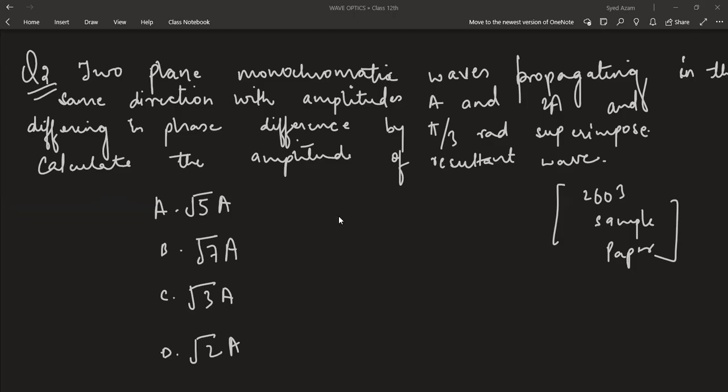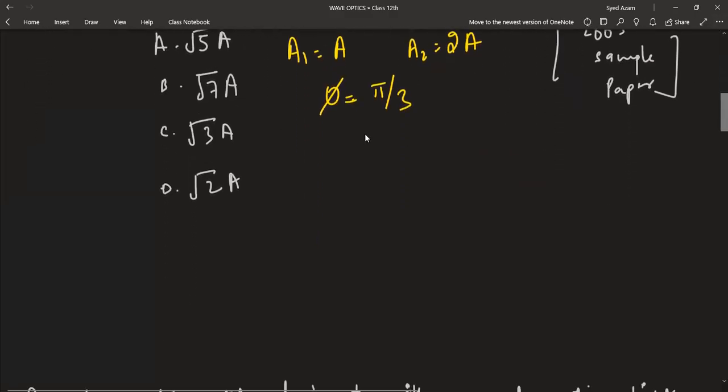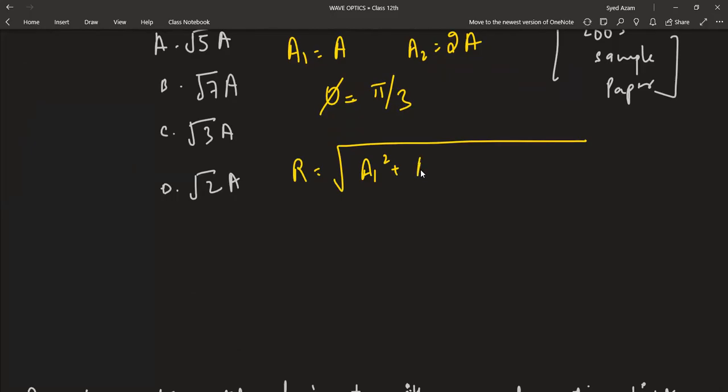Let's see. First amplitude is given as A. A2 is given as 2A. And the phase difference is given as pi by 3. So the resultant amplitude equation is A1 square plus A2 square plus 2 A1 A2 cos phi.